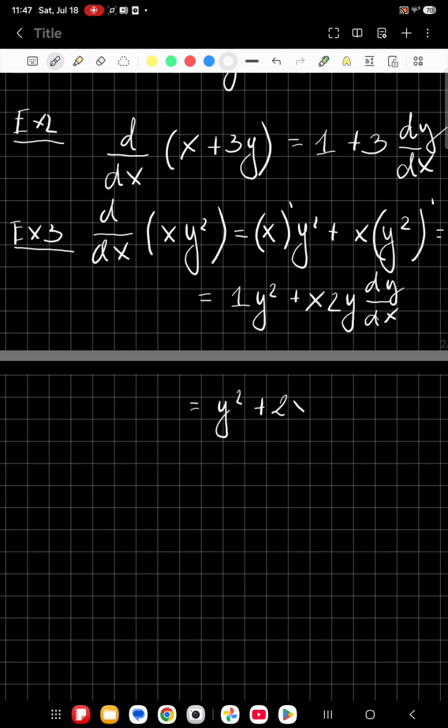So now 2xy, and now I'm just going to write y prime, so that y prime is dy/dx. Okay, so that's the final answer. And now we have this ability of differentiating implicitly defined functions.